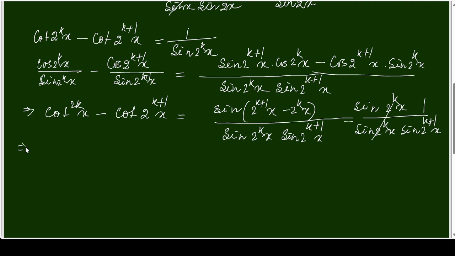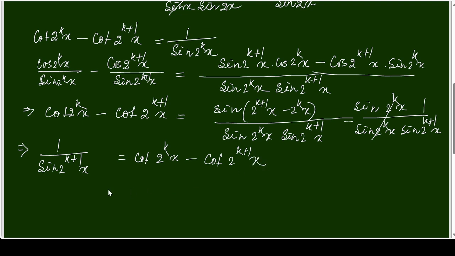Changing the side, I can write 1 over sine 2 power k plus 1 x equals cot 2 power kx minus cot 2 power k plus 1 x. By mistake I had written it wrongly earlier, but this is the correct form.